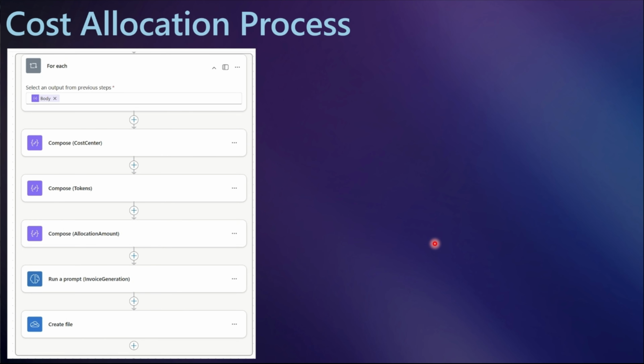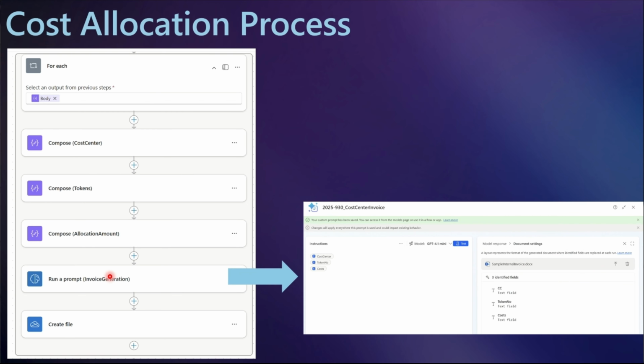So once I have that, I'm having here some additional information, but the most important thing is here this invoice generation. So I create internal invoices. So it's not going to a customer, it's just an internal invoice information. I take the cost center, the number of token and the costs for my HR department, for purchasing department, for any department where people from this department use my agent.